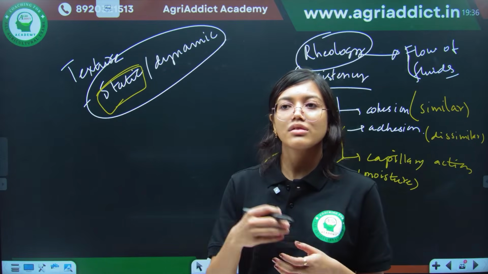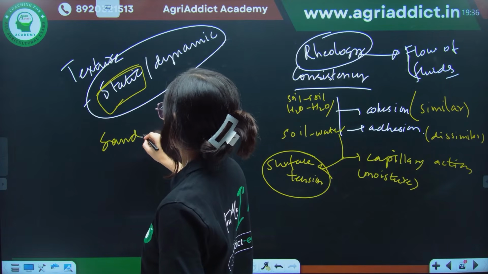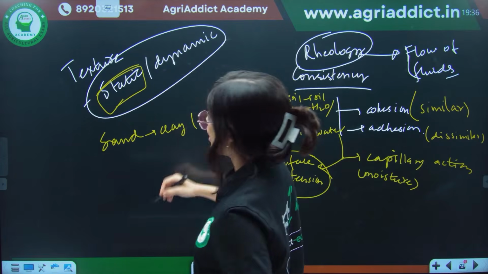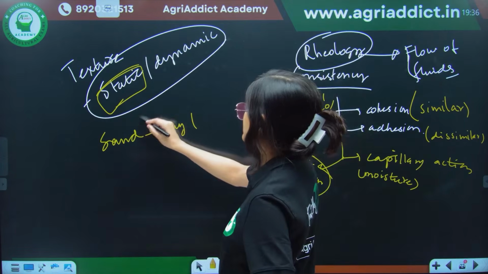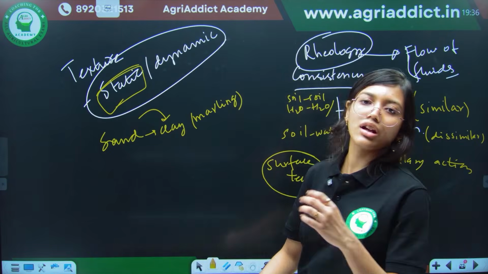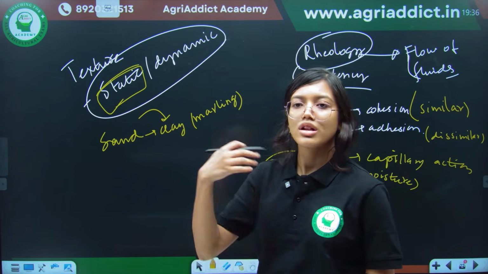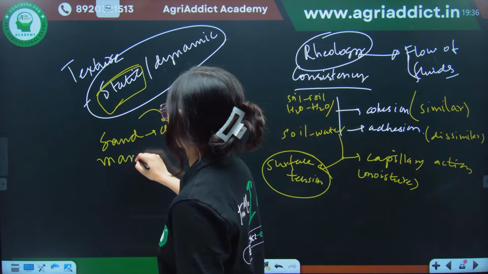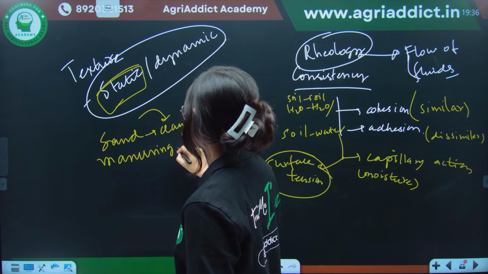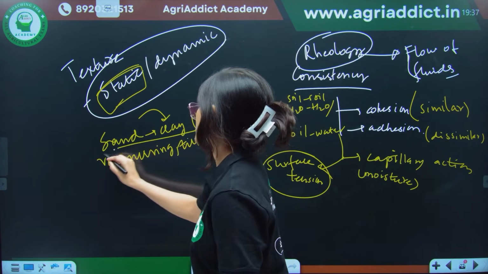We can only do a few modifications, like if we add sand to clay, a very sticky soil, it is called marling. Or we can even break the clods and alter the texture through repeated manuring and tillage, but we cannot change the soil texture as a whole.